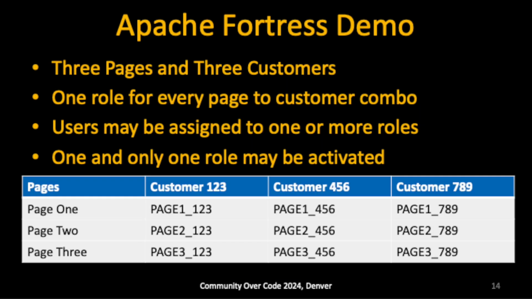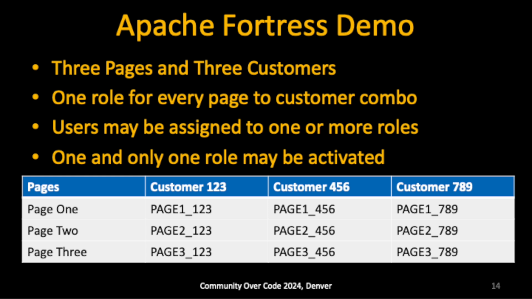Okay, so the demo is a traditional, contrived RBAC example of doing fine-grained authorization. It's very simple, it has 3 pages: page 1, page 2, page 3. There's 3 customers. It actually has a database that I'm locking down. There's 9 roles.